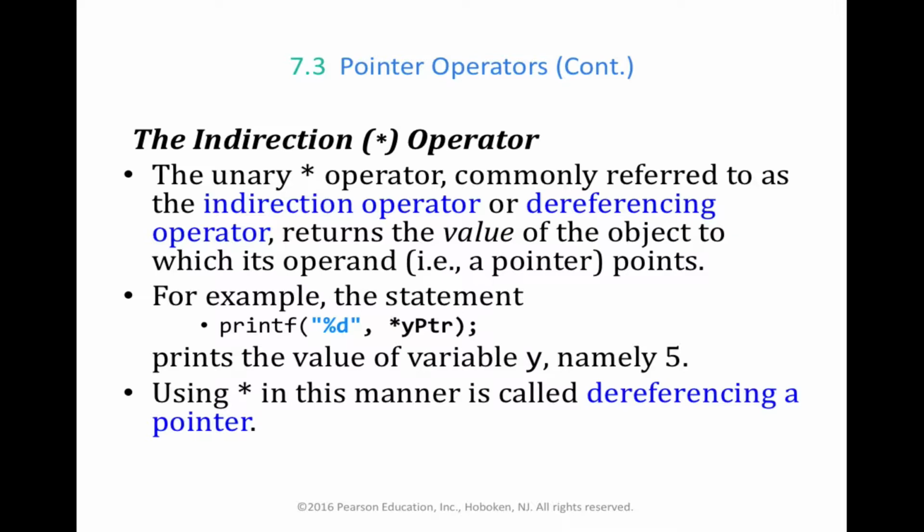If we just use yPtr, we're going to get the memory address printed out. If we use asterisk yPtr, we would get the value 5, because that is the value stored at the memory address that yPtr is pointing to. I'm not interested in its memory address. What I'm interested in is what's stored there. And again, we'll do that through dereferencing.